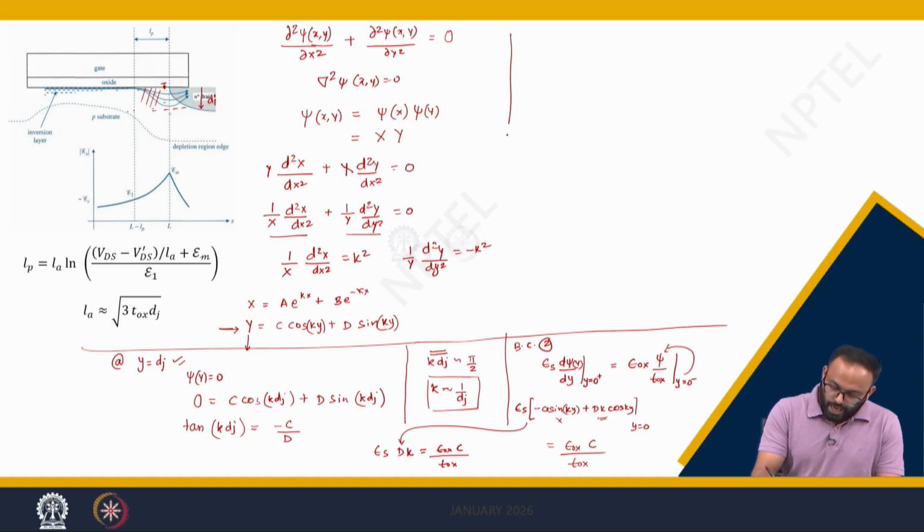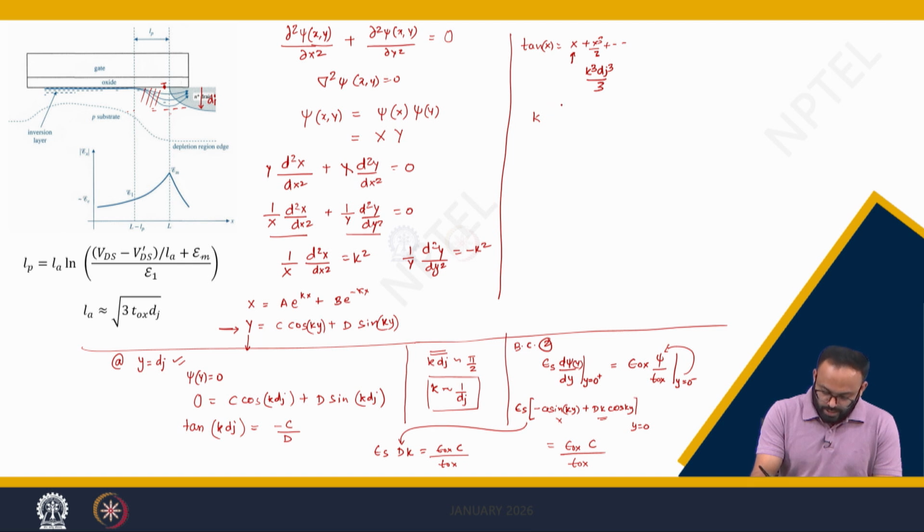So, to incorporate the eigenfactor, you can use tan x equals x plus x to the power 3 by 3 plus higher order terms. So, instead of using k dj, you can use k to the power 3 dj to the power 3 by 3. If you solve like this, you will ultimately get k equals the square root of epsilon ox divided by epsilon s into t ox into dj.